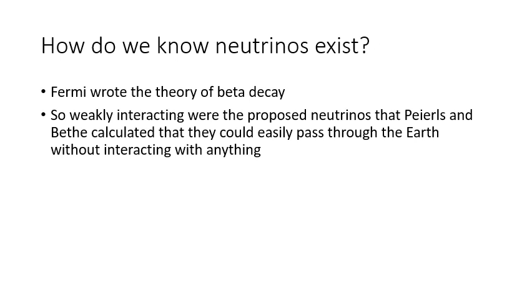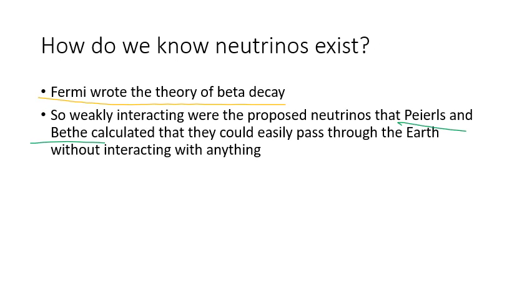Especially since, although the idea was originally Pauli's, it was Fermi who wrote out the theory. When Fermi wrote out the theory, a couple of more mathematically minded physicists calculated that if Fermi's correct, then these neutrinos are going to pass all the way through the Earth and only very occasionally actually collide with anything.